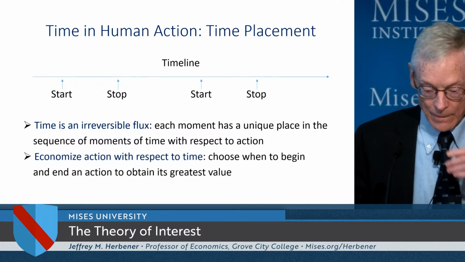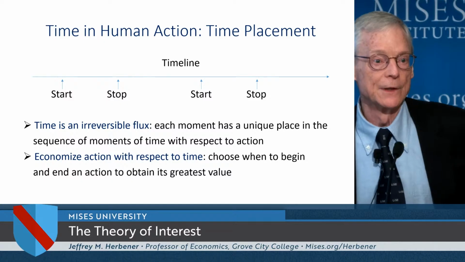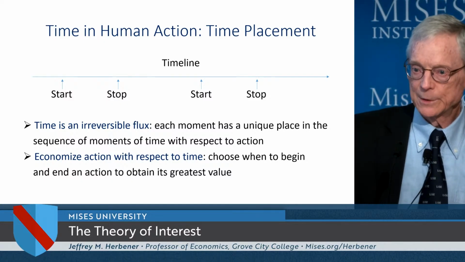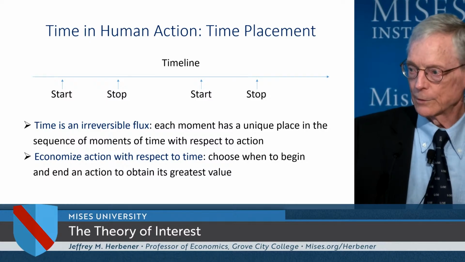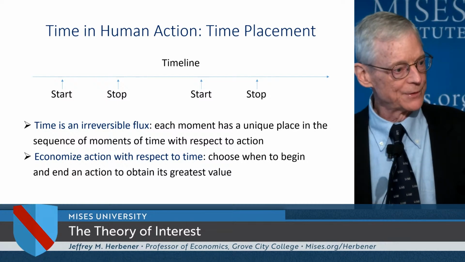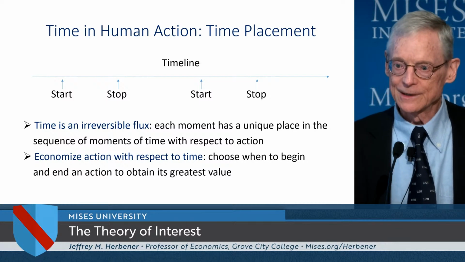Now, we can economize our action with respect to time by selecting the time placement of the action that gives us the greatest value of the action. Now, of course, we're going to do this in combination with the other elements of the action, right?